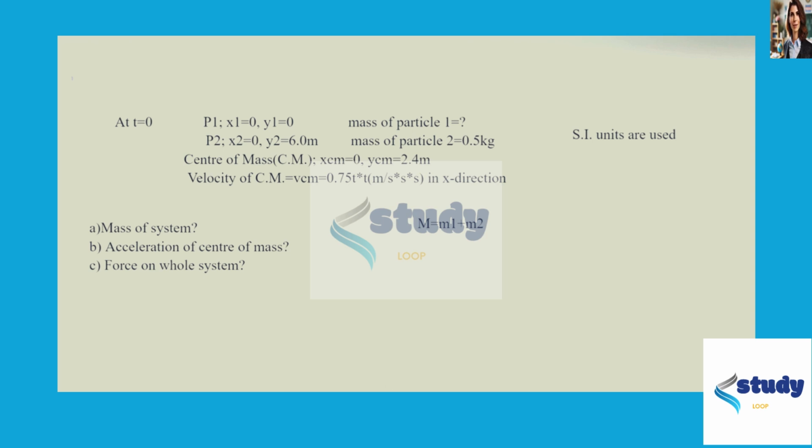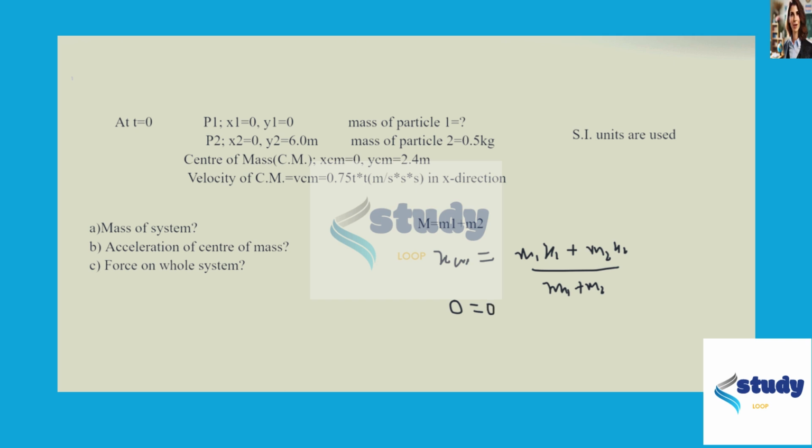We can use the formula x_cm equals m1 x1 plus m2 x2 over m1 plus m2. So this is the formula of the center of mass. We are given that x_cm is 0, and all the positions are 0, so this becomes equal to 0. So we cannot use this formula to find the mass of the system.